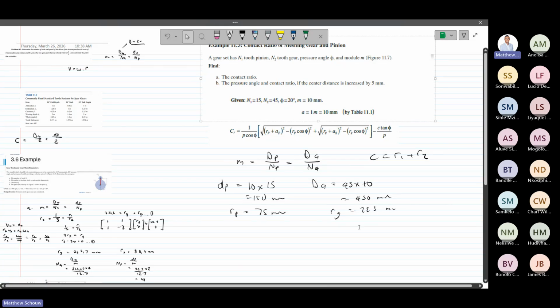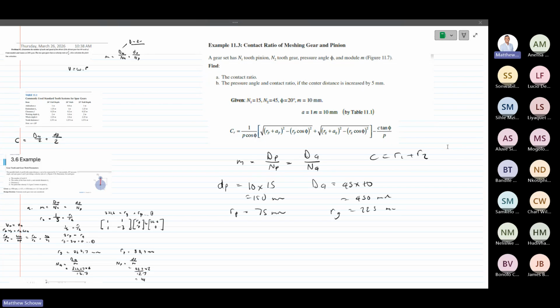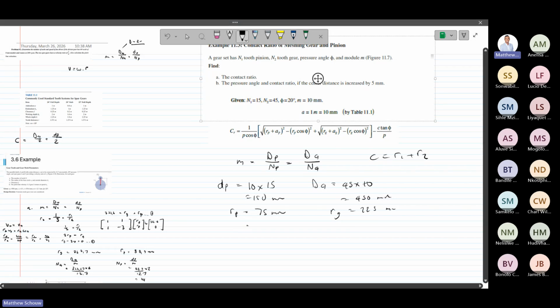So what I was basically doing here was finding your RP and your RG, which is for your pitch circle. Is everyone on the same page now? Once that is done, we then compute your center distance.